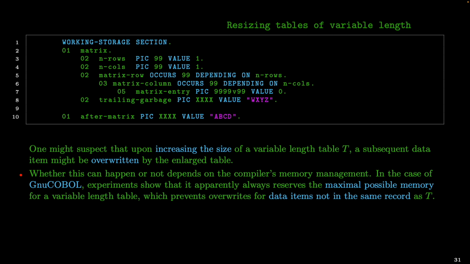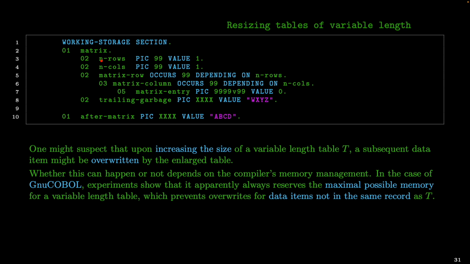And what I found from experimenting with GnuCOBOL is that apparently, when it encounters a definition like this, it just reserves the maximal possible memory for this variable length table. So in reserving the memory, it would just assume that we have 99 by 99 entries in our matrix and reserve that much memory for this whole matrix record.